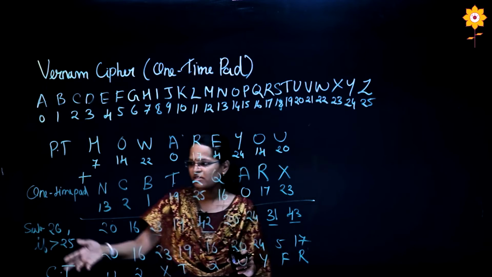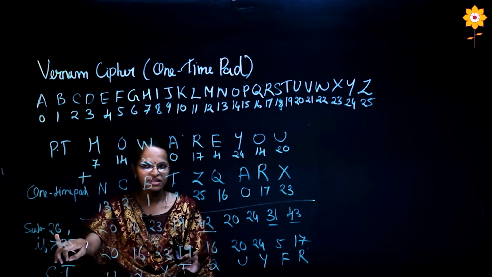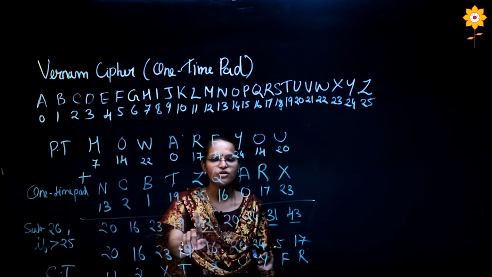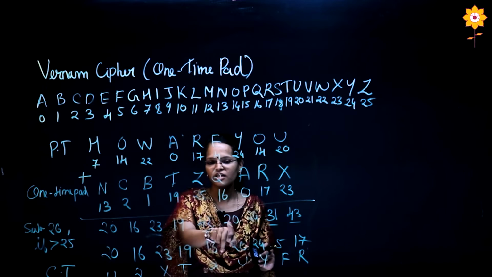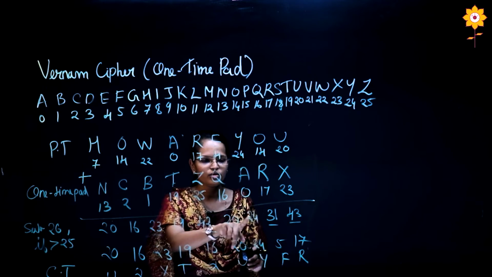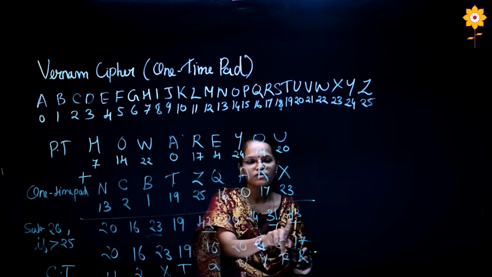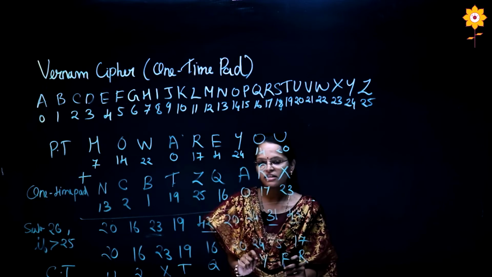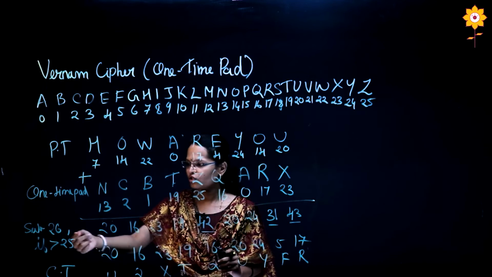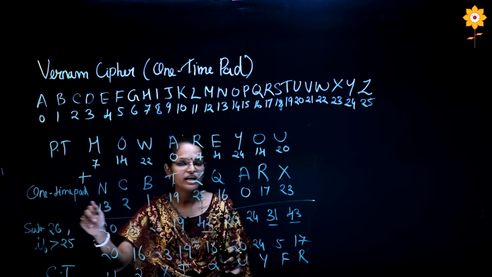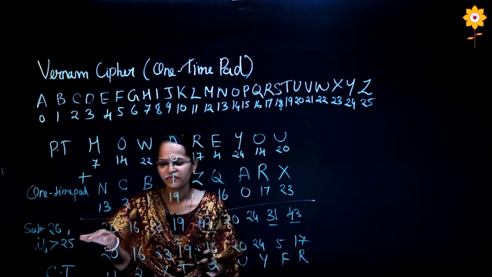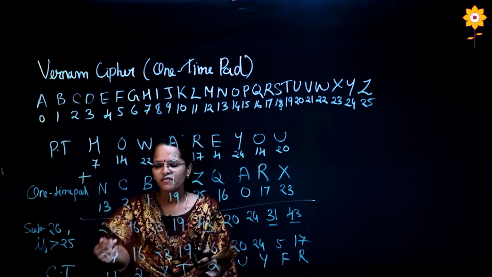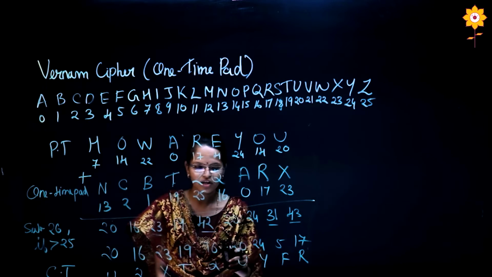So our rule says that we subtract 26 from it. Thus we have subtracted 26 from 42 and got 16. Similarly, 22 is not greater, 24 is not greater, but 31 and 43 are again greater than 25. So again we need to subtract 26 from 31 and 43. Thus after checking the sequence, we will get a new sequence of numbers.